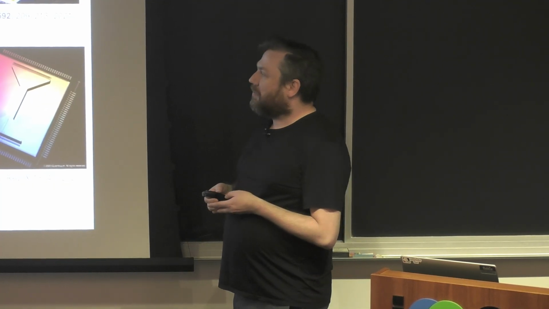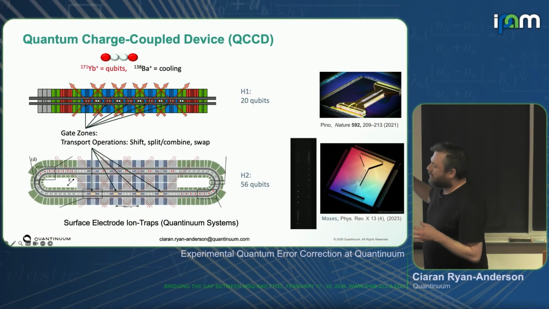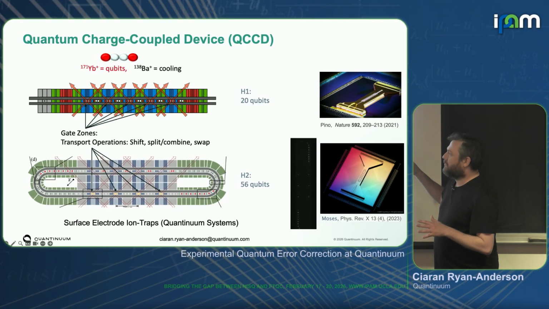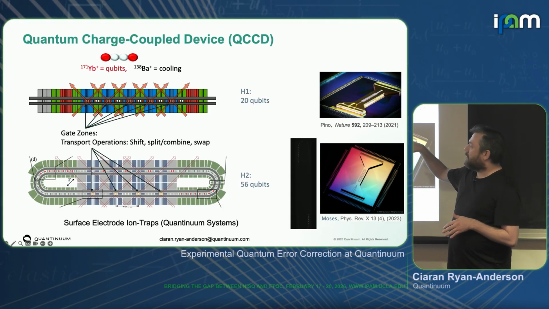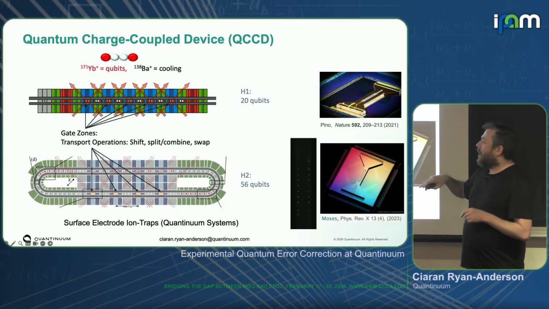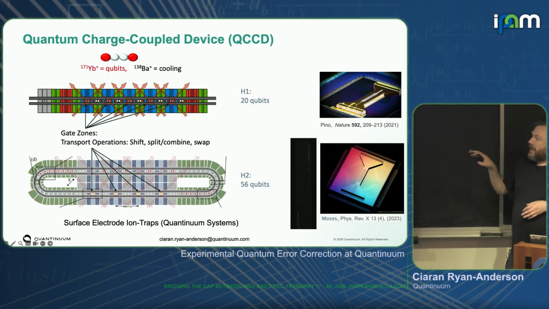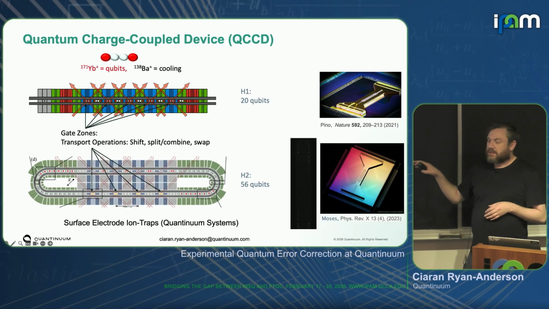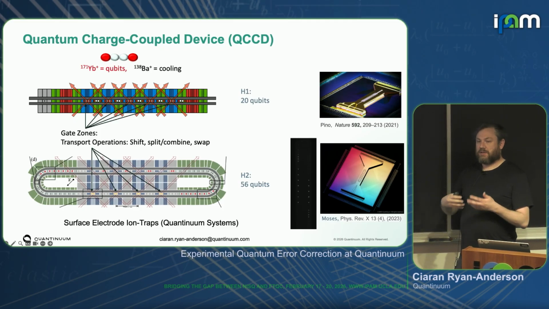Yeah. Essentially, over in the schematic, sorry if you're colorblind, I don't know how this renders, these arrows indicate the lasers, and those blue regions where the lasers are going through are the gate zones, but we can move the ions out to the side to the other regions. Initially we started out with 10 qubits, but then we upgraded that trap to 20 qubits, and the experimentalists are constantly upgrading the devices.